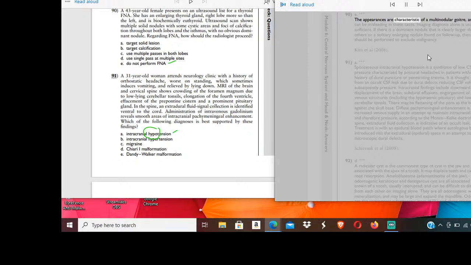90. E. The appearances are characteristic of a multinodular goiter, and FNA can be misleading in these cases. Imaging diagnosis alone is usually sufficient.